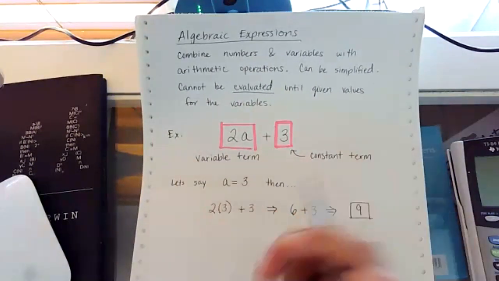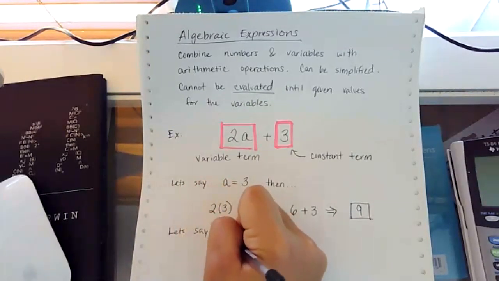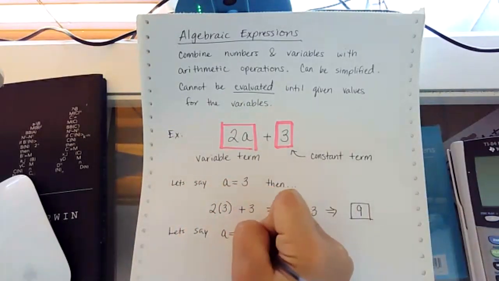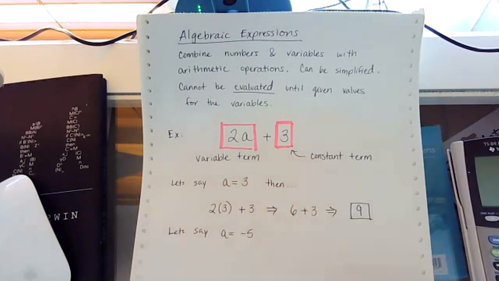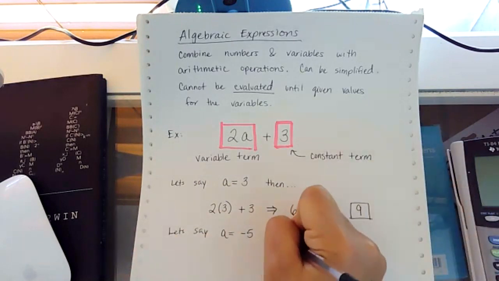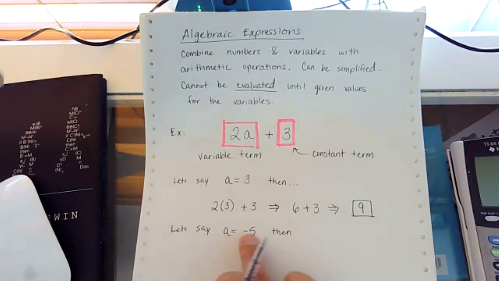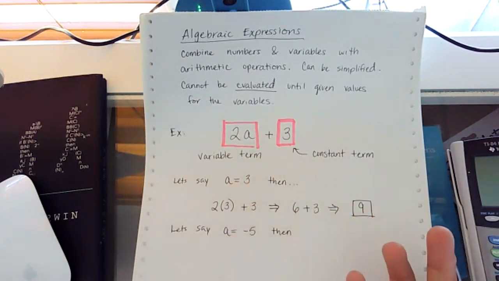But I can say, okay, let's imagine that a is a different value. Let's say -5. Well, if that's the case, then I go back to the original expression and I plug in this new value for my variable term.